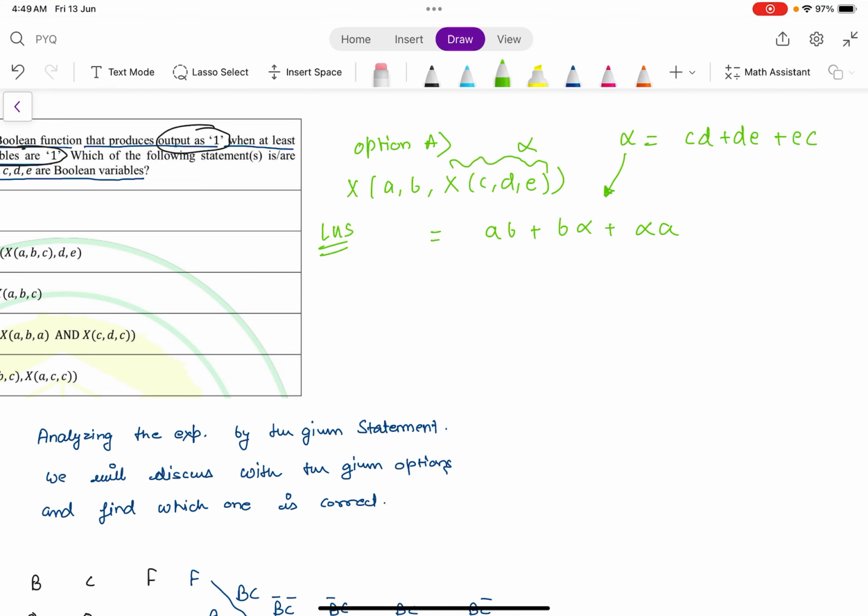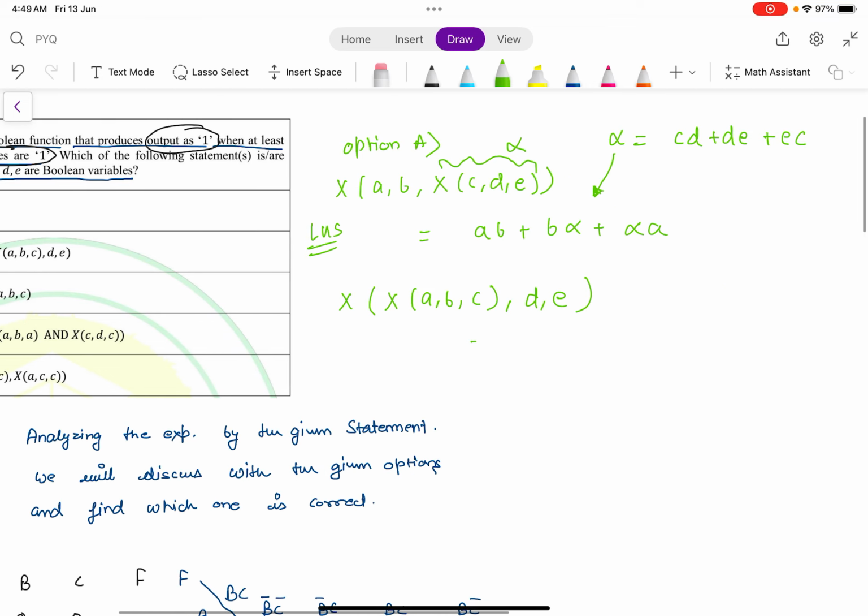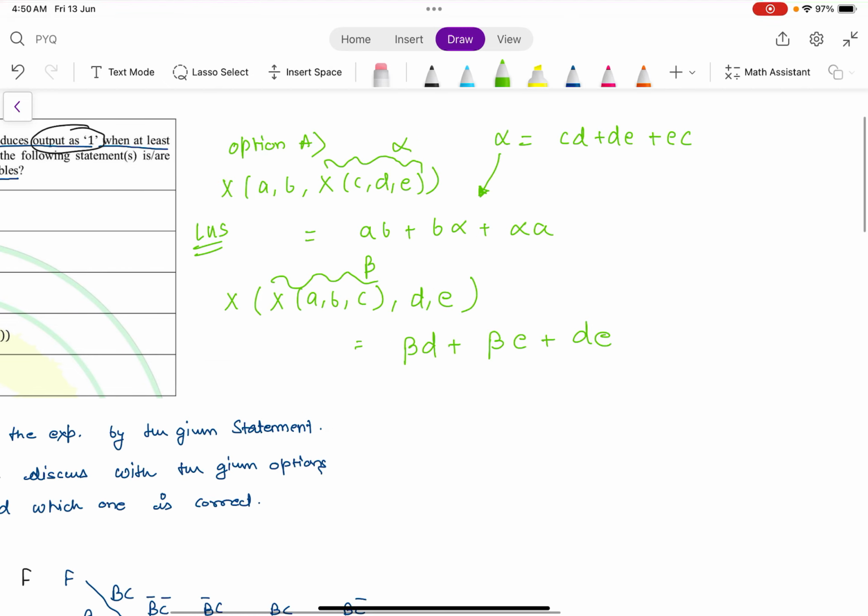Now writing the right hand side is x of a b c d e. Now this can be written as, let's assume this as beta, d beta e plus de. Now you have to look carefully. This and this part is never going to be further reduced.